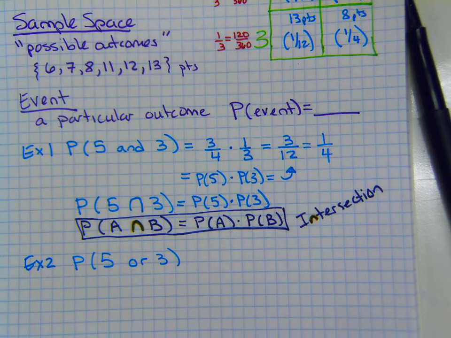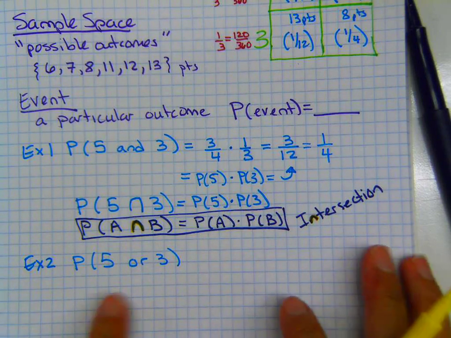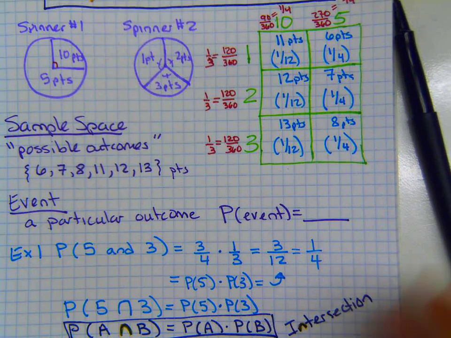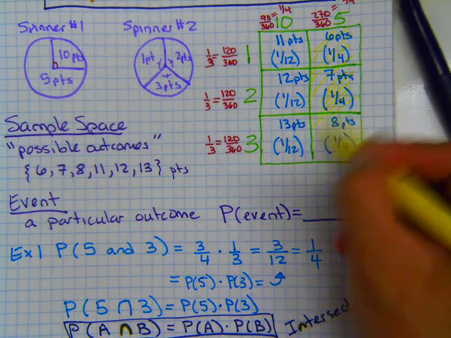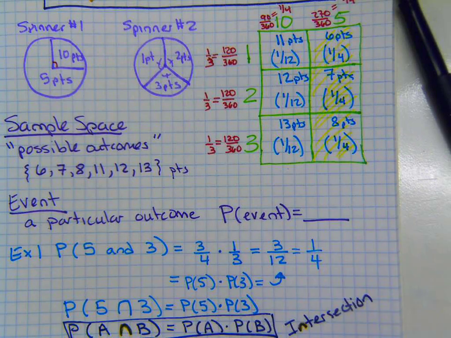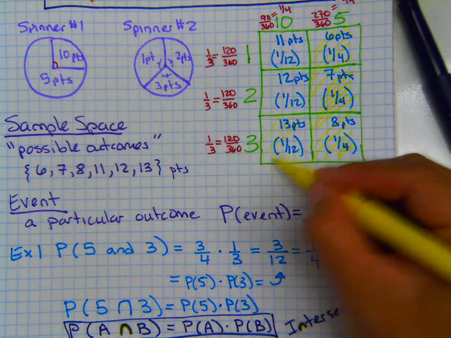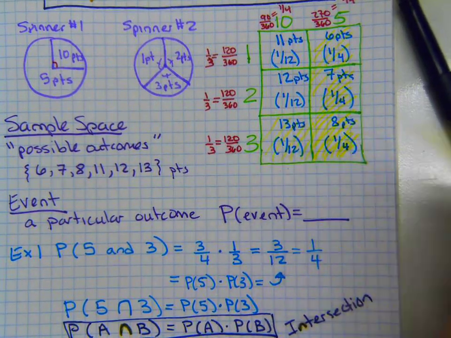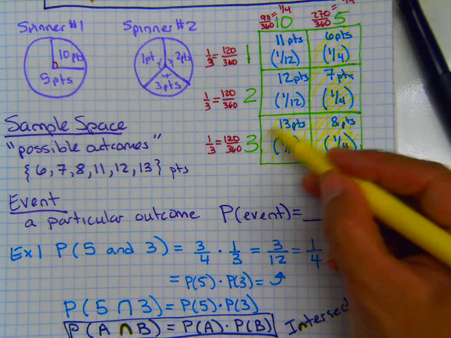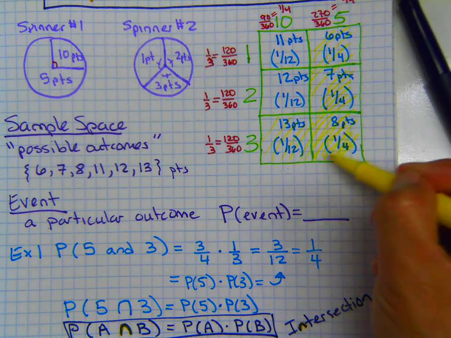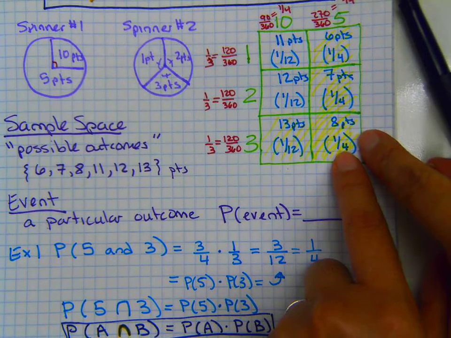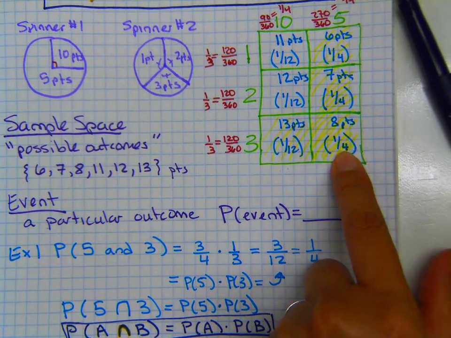I'm going to think about it like this. 5 or a 3, here are all the ways a 5 came up, right? And here are all the ways a 3 came up. I physically took my answers for 3, my answers for 5, but I overlapped it right here, so I just have to subtract that part off.